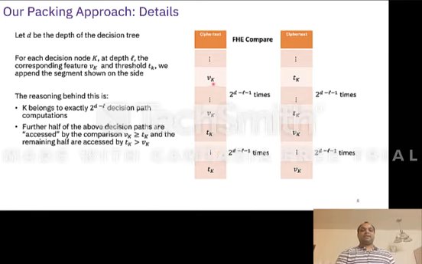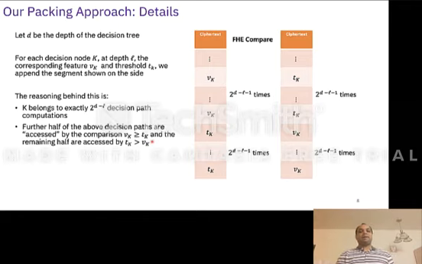So we take the feature value at the decision node k, and we pack it 2 power D minus L minus 1 times. And we take the threshold value tk and we pack it the same number of times. Right? We also construct another ciphertext which will reverse the order of these two.